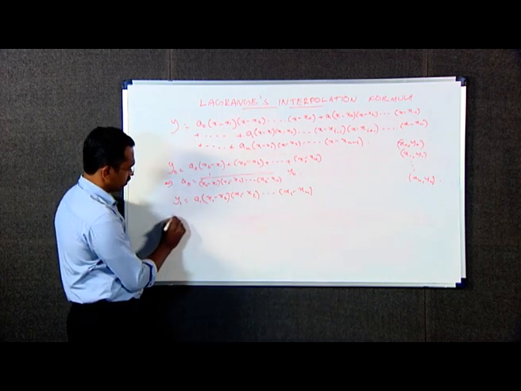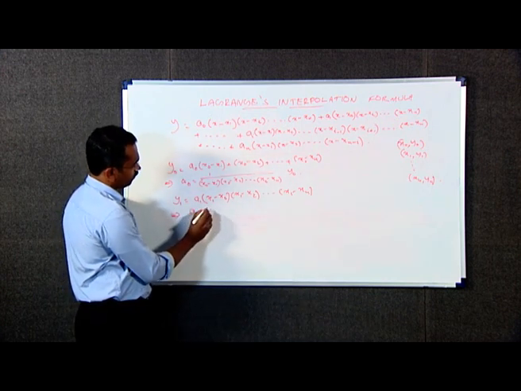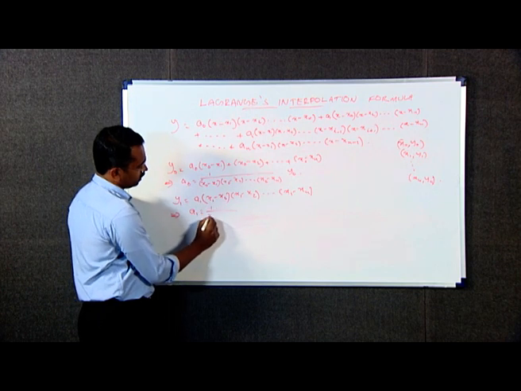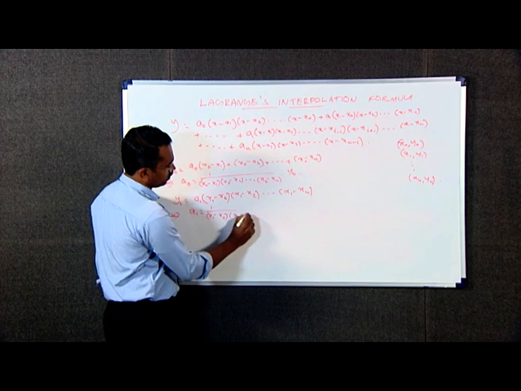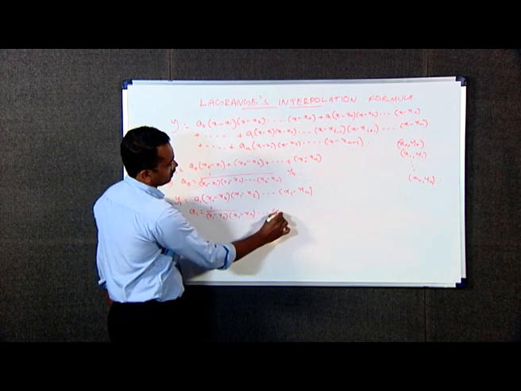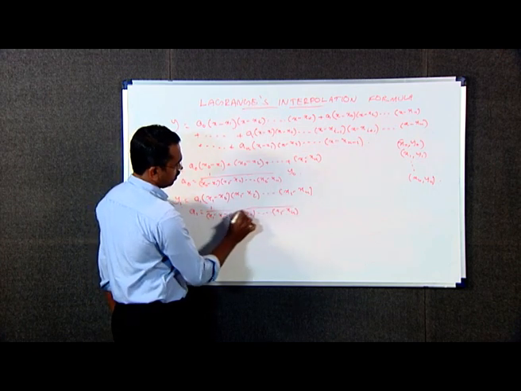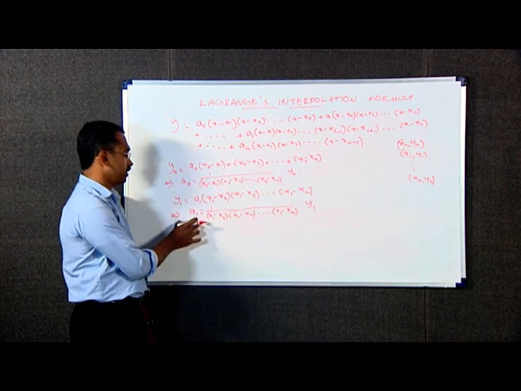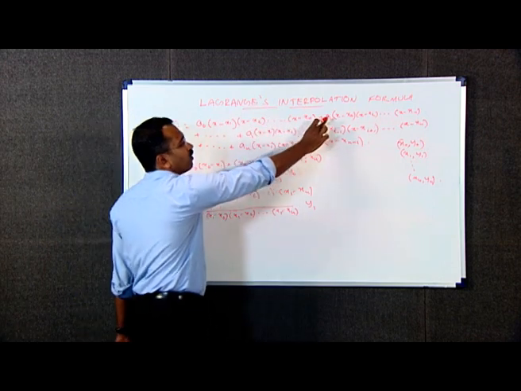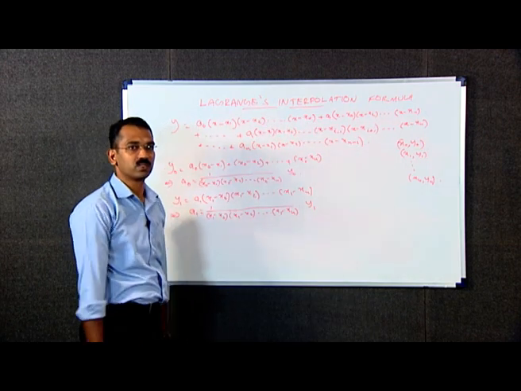This gives a1 is equal to 1 by x1 minus x naught into x1 minus x2 into etc. x1 minus xn into y1. This is the value of the second coefficient a1.